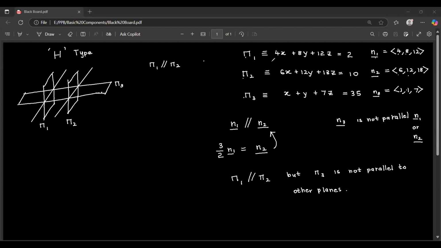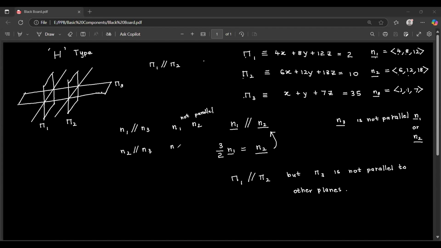That we studied in the last class, I think, so you know how to find the lines. But in this check, you can prove N1 is parallel to N2, or N1 is parallel to N3, or N2 is parallel to N3, and you just have to prove N3 is not parallel to N1 or N2 here.